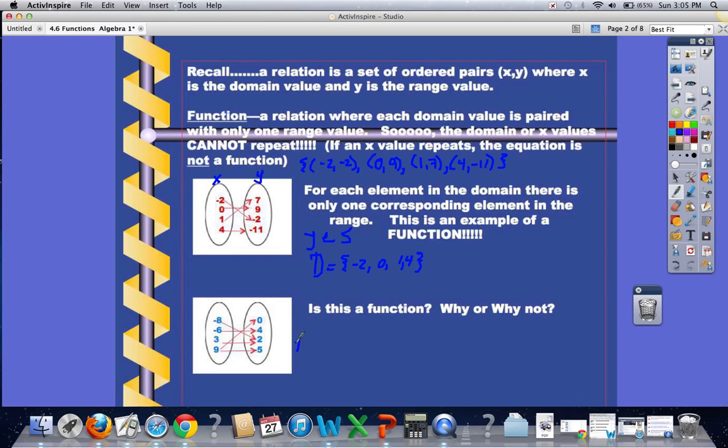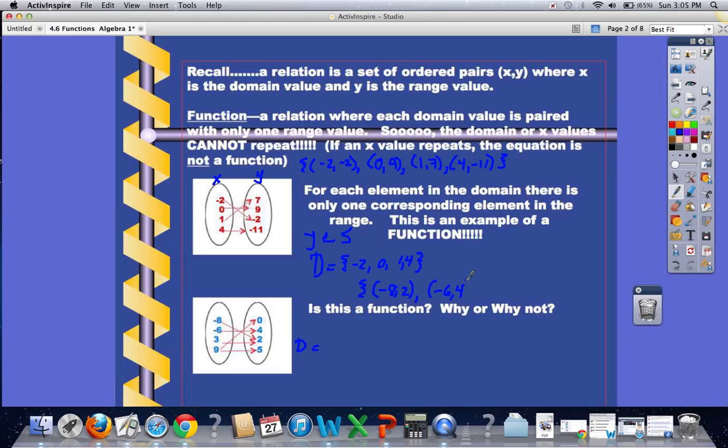Let's make our domain set. And let's make our relation points first. All right, so I'm going to make my set. Let's make my points. I'm going to have -8, and it goes with 2. Okay, and then I have -6. It goes with 4.